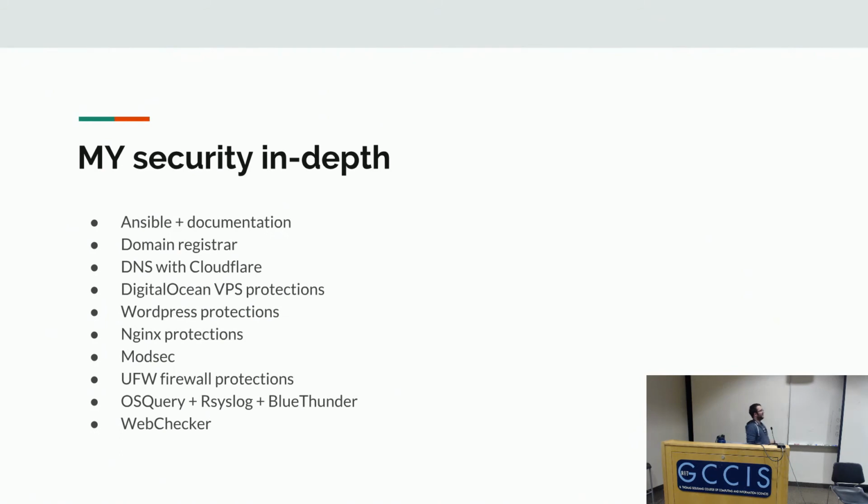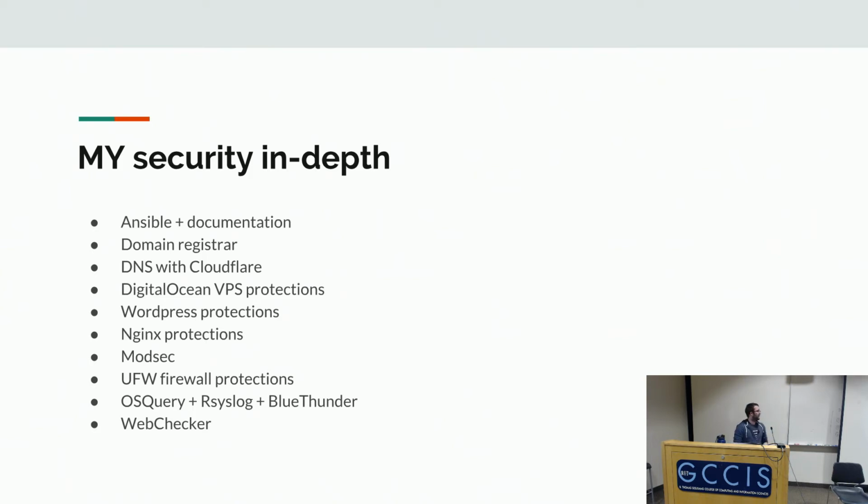So my security in depth strategy overall. Here's a big list. To start off, I have Ansible and documentation for everything. I can literally hit the enter key once and it'll set up my entire server for me. I don't have to do any other configuration. I've even started implementing security at the domain registrar level.